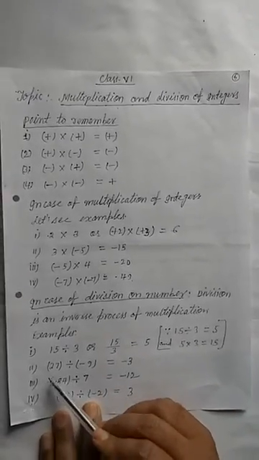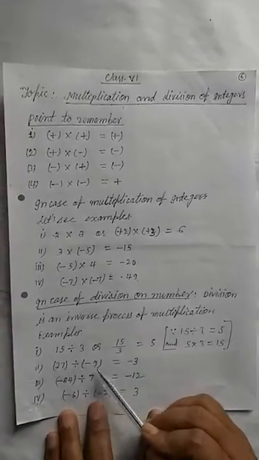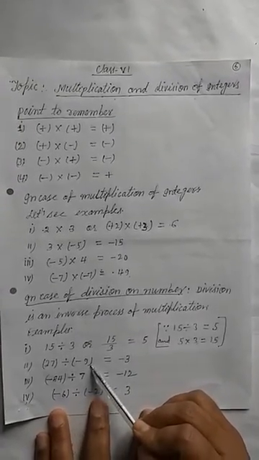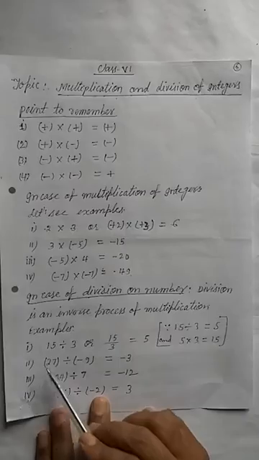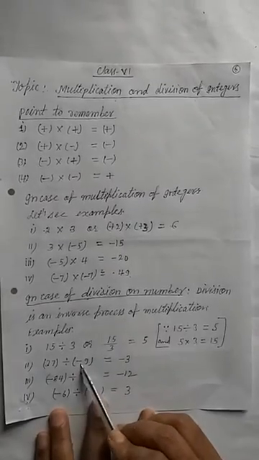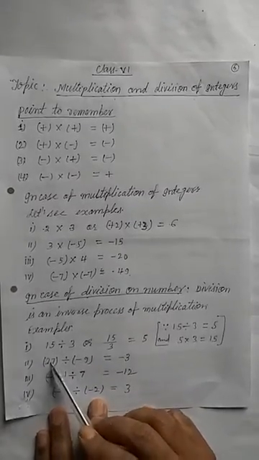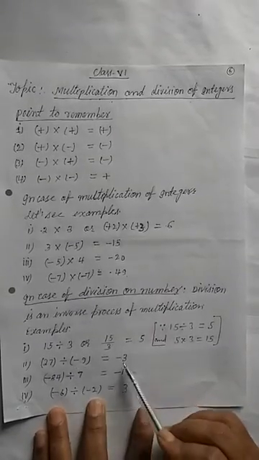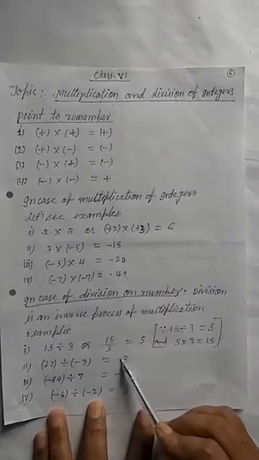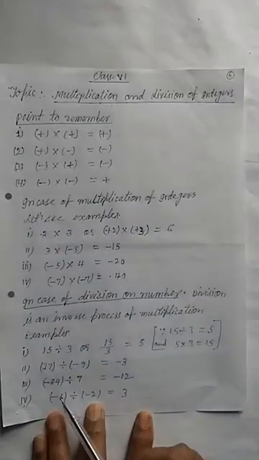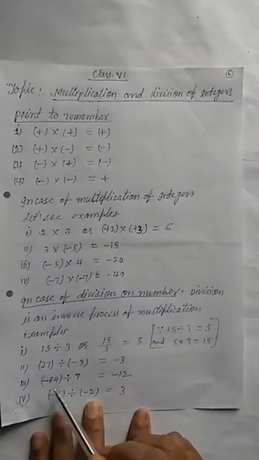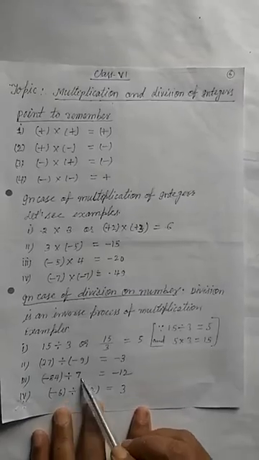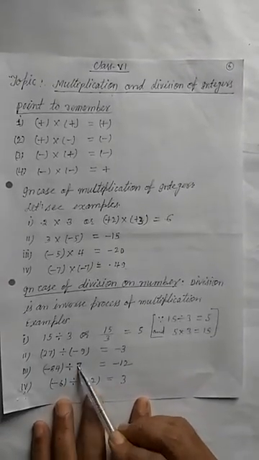Now the second example is 27 divided by minus 9. Okay student, same method. This is the second rule. Here is a plus sign and here is a minus sign. First of all, divide the numbers: 27 divided by 9 is 3. What sign will it be? Minus 3, on the basis of the second rule. Now the third example is minus 84 divided by 7. Here is a minus sign and here is a plus sign.